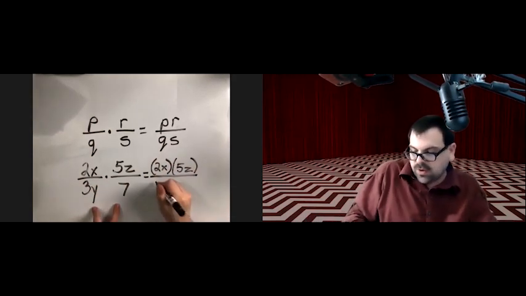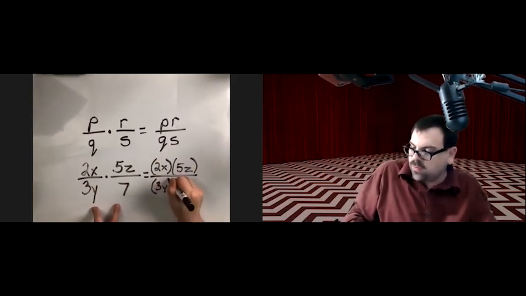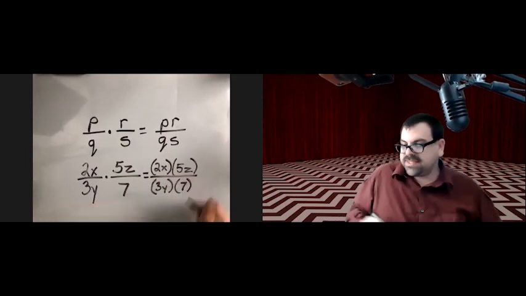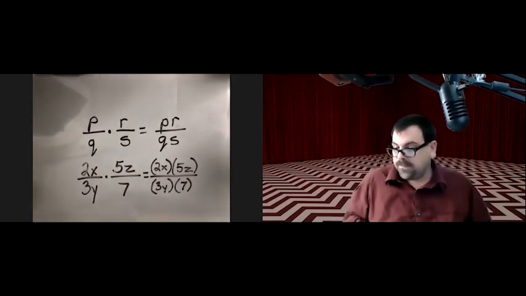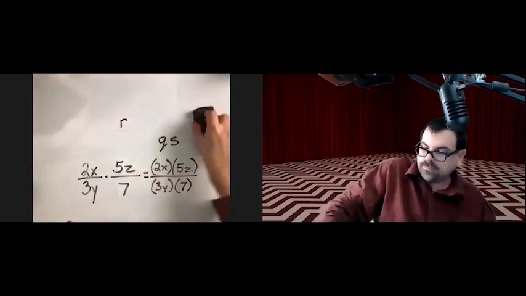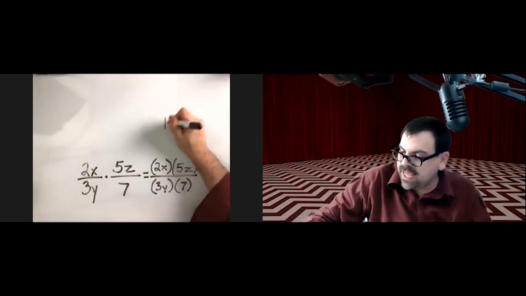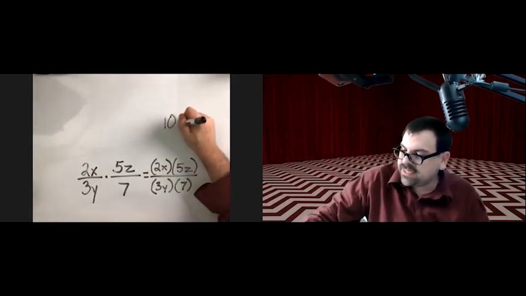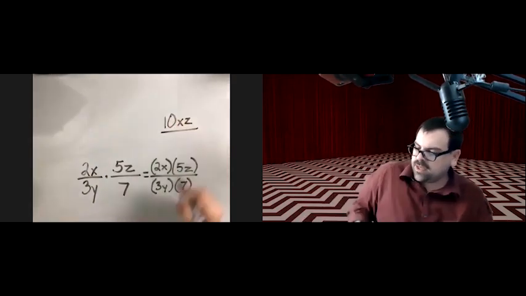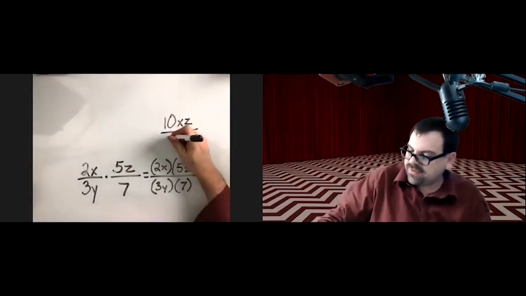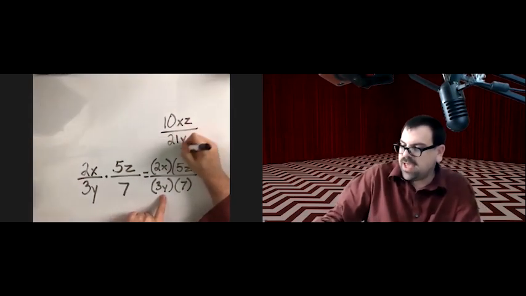We would multiply across the bottom, 3y times 7. Two times 5 is 10. X times z is xz. All over 3 times 7 is 21. And we have the y.